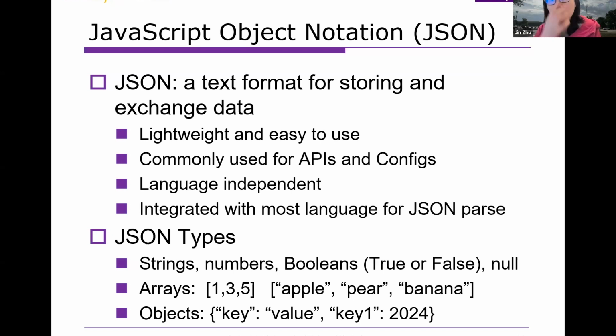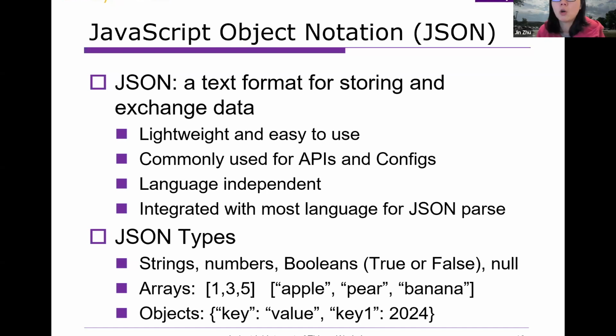JSON stands for JavaScript Object Notation. Initially it is a format that follows the JavaScript syntax, but it's not only used for JavaScript. Because it's a really lightweight and easy to use format, it's very popular and commonly used for APIs and for storing and exchanging data among different platforms.